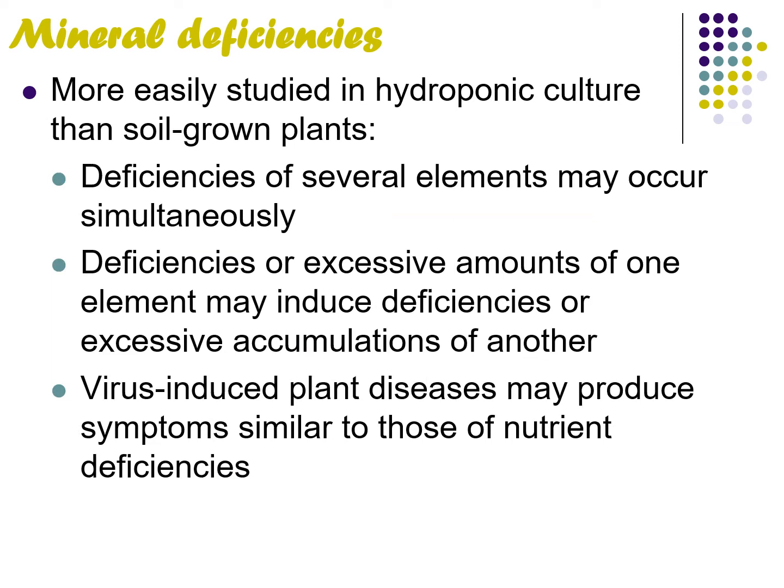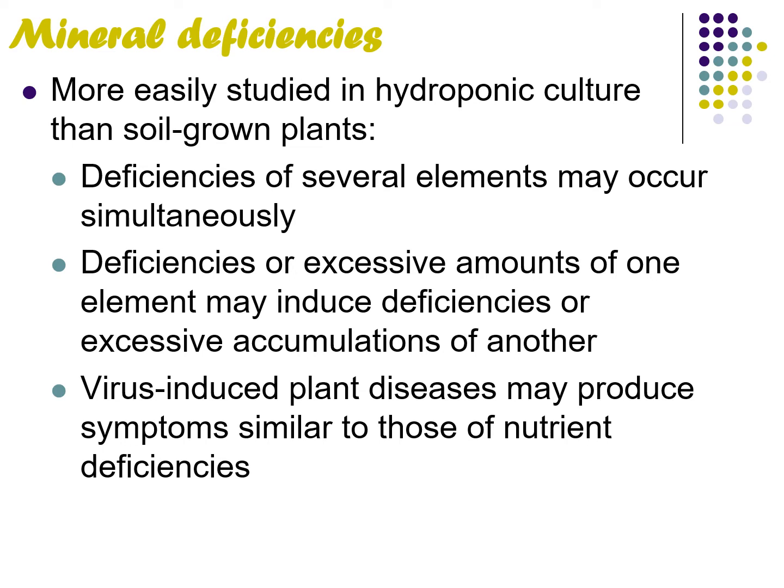Mineral deficiencies are more easily studied in hydroponic culture than in soil-grown plants. Why? Because deficiencies of several elements may occur simultaneously in the soil. Also, deficiencies or excessive amounts of one element may actually induce deficiencies or excessive accumulations of another.